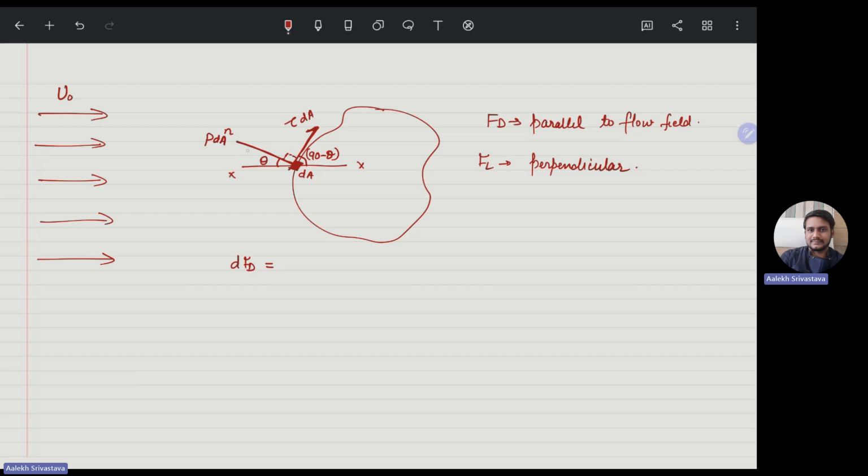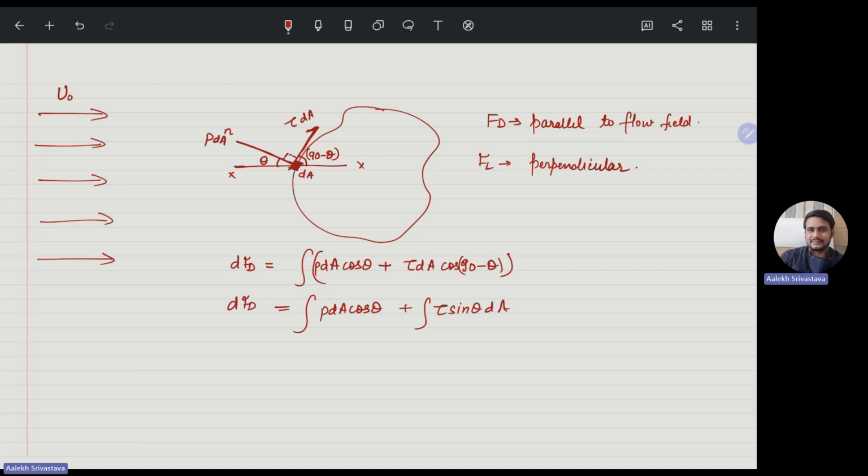Parallel to the flow field, if resolved in the x-axis direction, you will get P dA cos theta plus tau dA cos (90 minus theta). Or otherwise, P dA cos theta plus tau sin theta dA. So this is on the elemental strip.